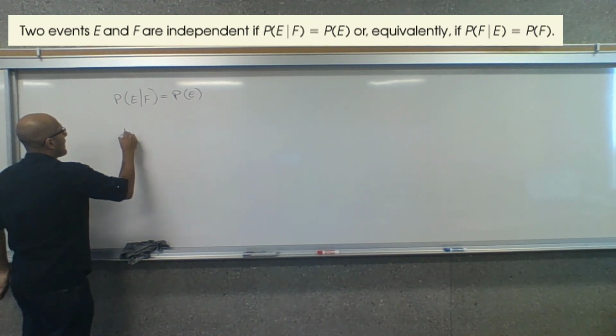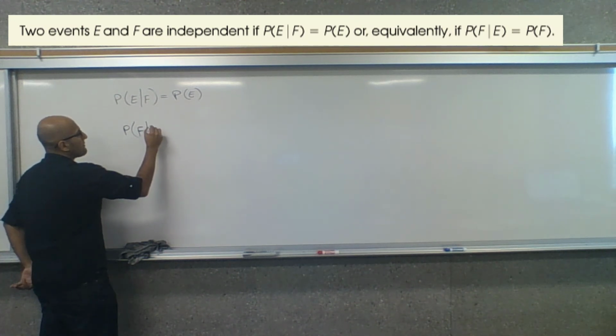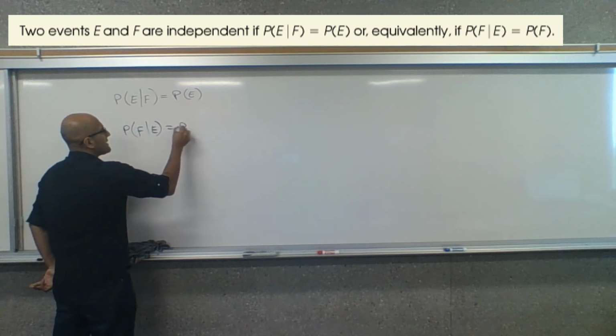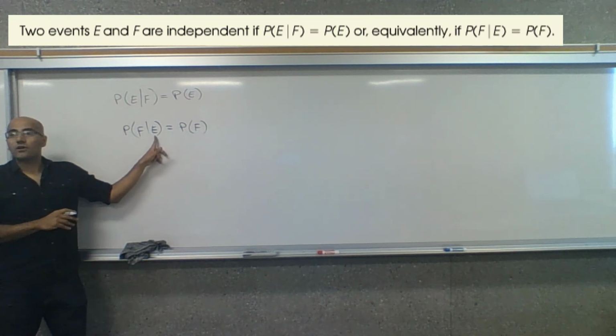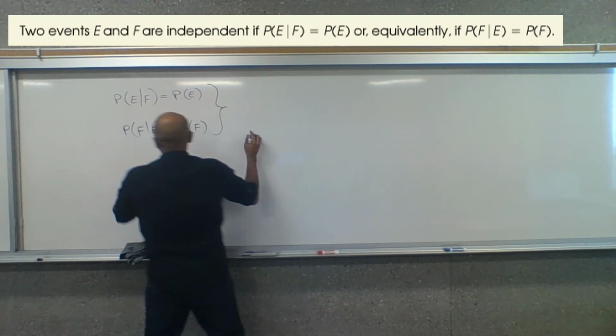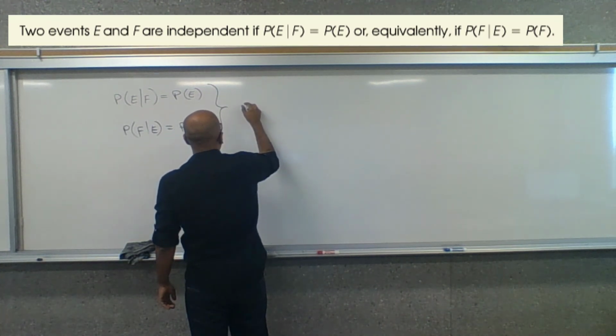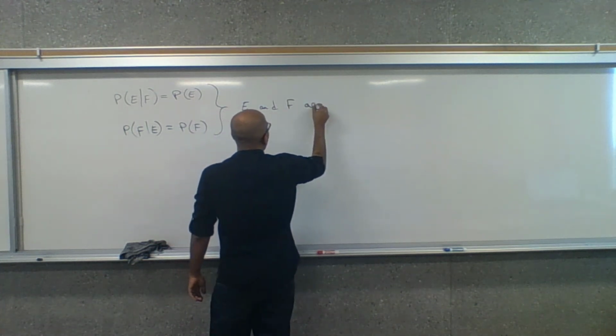Or if you flip it around, the order doesn't really matter. If you're trying to find the probability of F given E, and it turns out that that's equal to the probability of F, the additional information that E occurred has no effect, then either one of these leads us to the conclusion that E and F are independent.